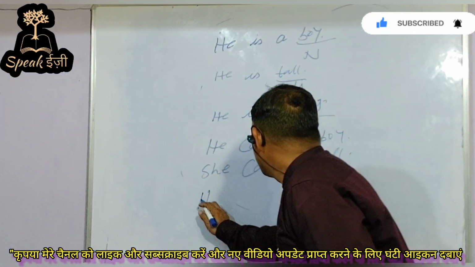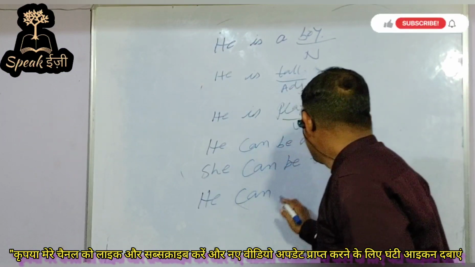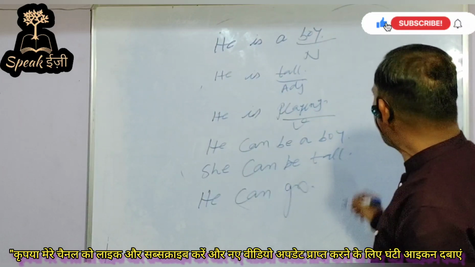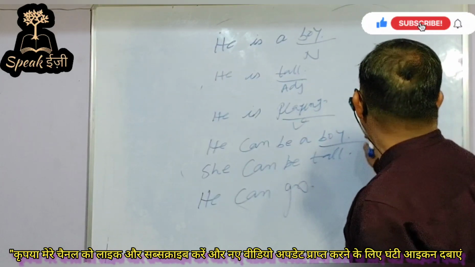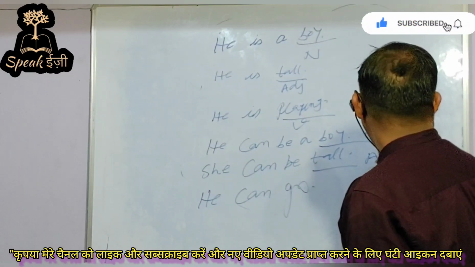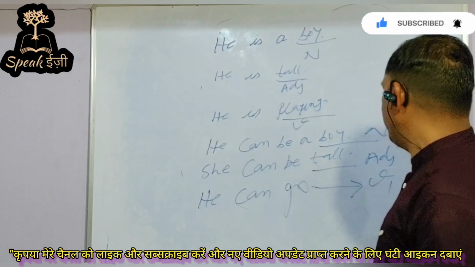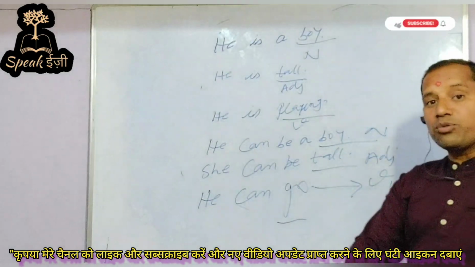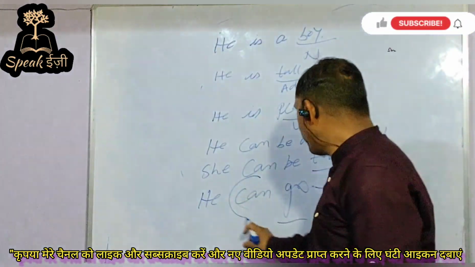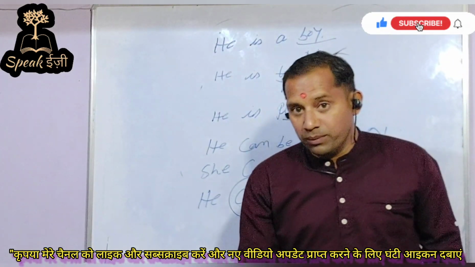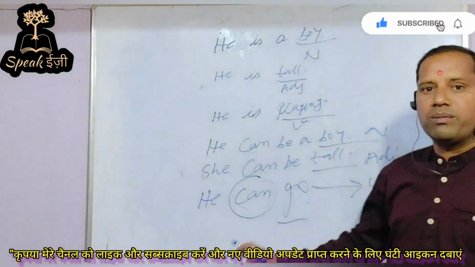Or he can go. Again the same possibility. I have completed the sentence with the help of a noun, here with the help of an adjective, here with the verb V1. But one thing you have to keep in mind is that whenever you use a modal verb, the verb used with these modal verbs will always be the first form of the verb.